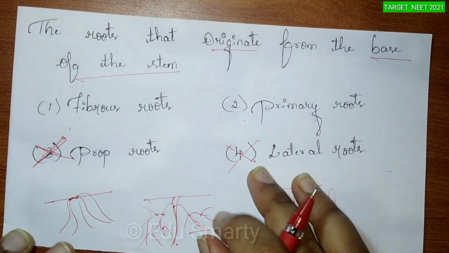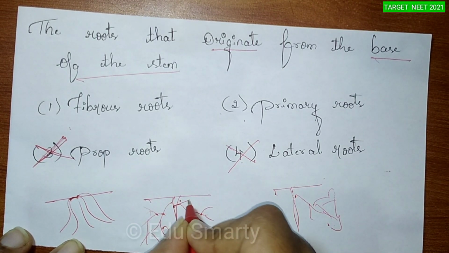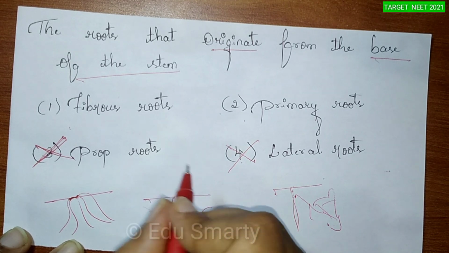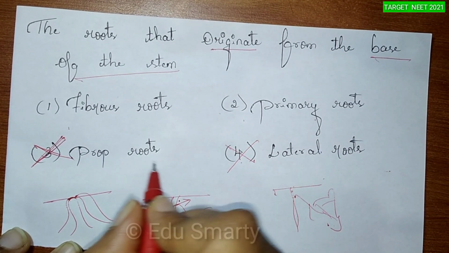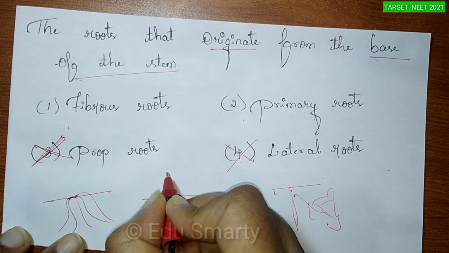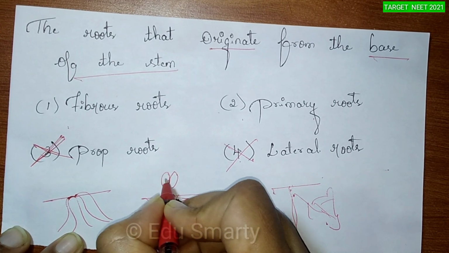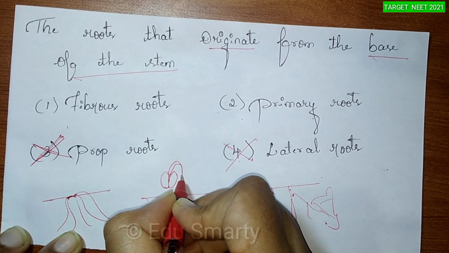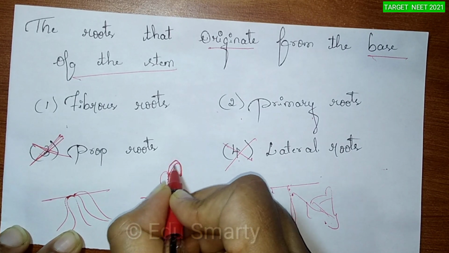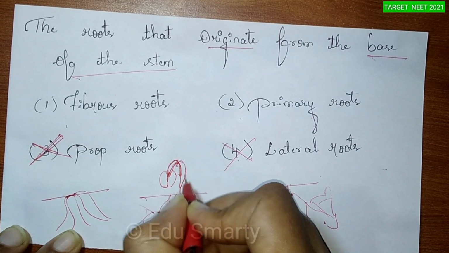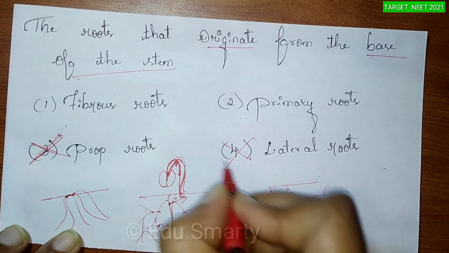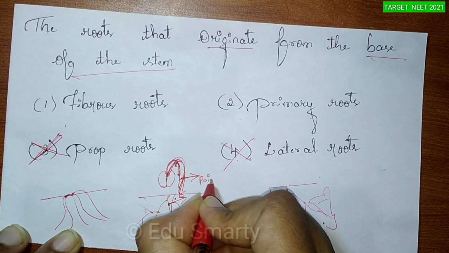This is the taproot system. In the taproot system, this primary root actually originates during the germination stage. You have seen that in dicotyledonous seeds germination of the seed takes place, right? During germination there will be a formation of this primary root.